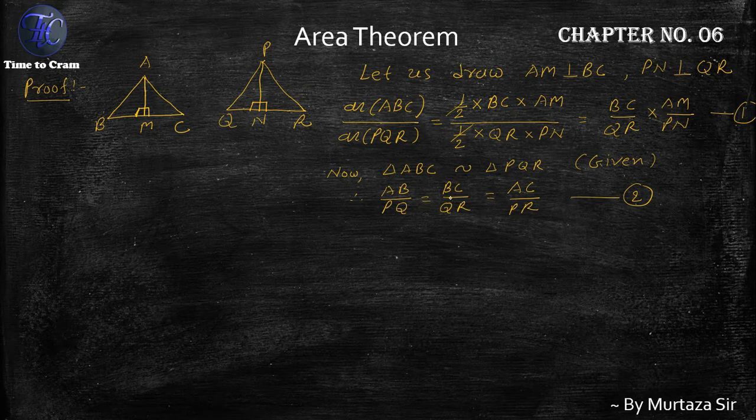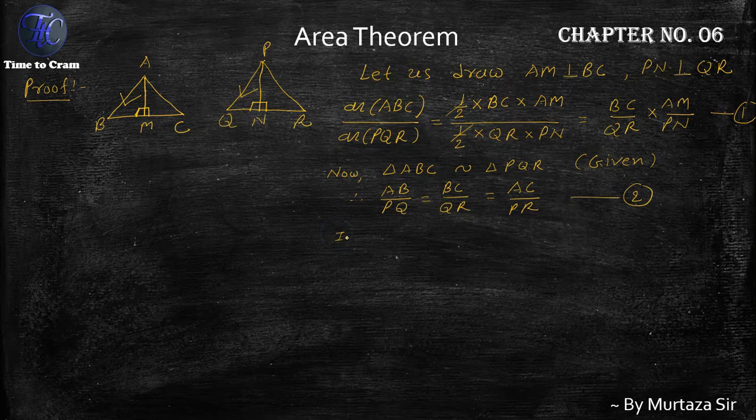So look, in place of BC upon QR we will keep AB upon PQ in result number 1, and in place of AM upon PN we will try to bring AB upon PQ as well. For that we have to prove these two right-angled triangles similar.